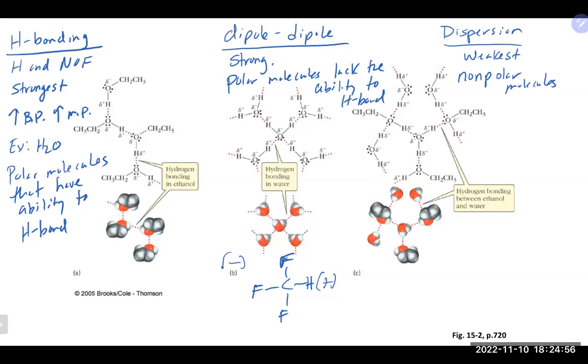Because they are, as we talked about, temporary, weak interactions, dependent on electrons moving and staying, as they break apart, new ones form, and those break apart, new ones form. Because they're not fixed in terms of their charge, they are temporary and weak, and that is where you're going to find your lowest boiling points and melting points in comparison, obviously, to something that could hydrogen bond. Any questions on any of those things there?